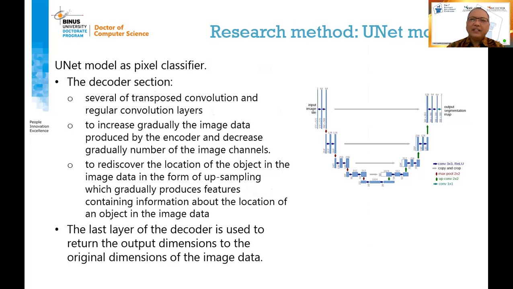And the most important role of the decoder is to rediscover the location of the object in the image, by using upsampling, which gradually produces features containing information about the location of an object. And it's very important to note that the last layer of the decoder is used for classification.